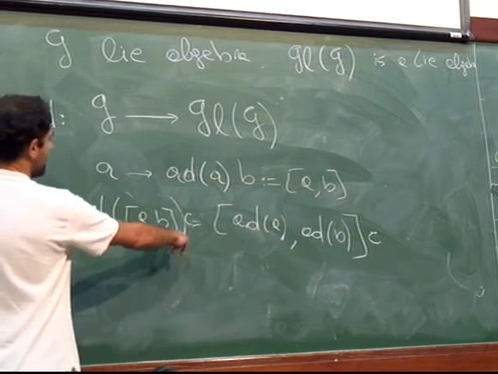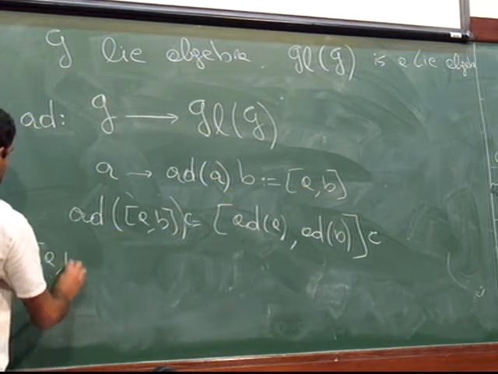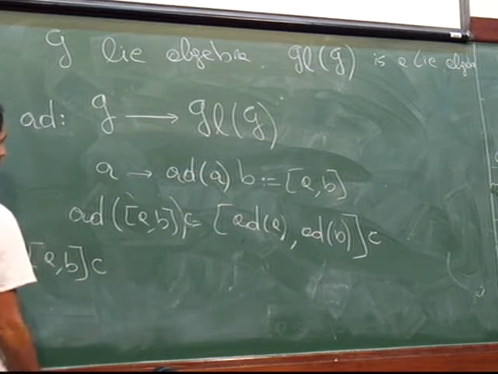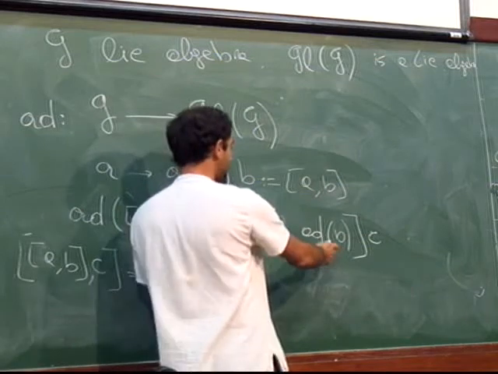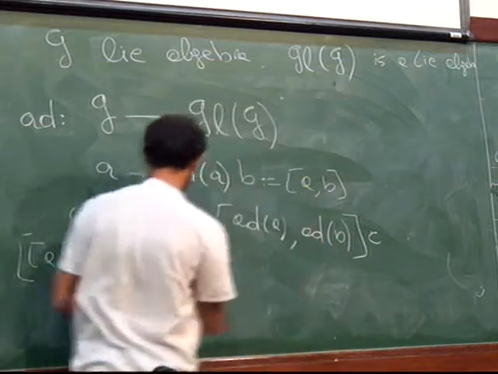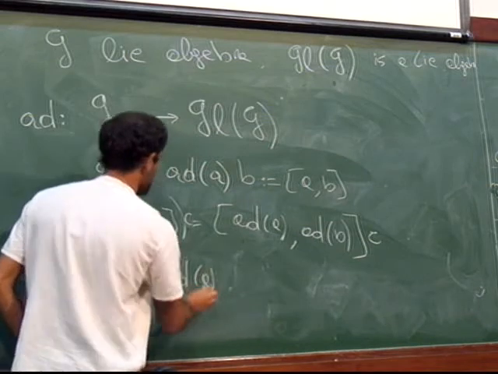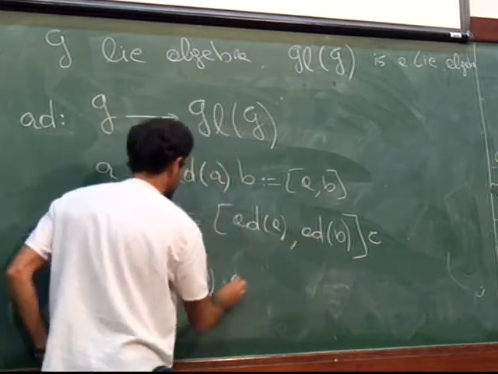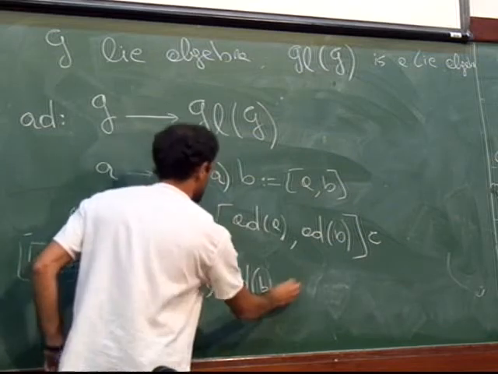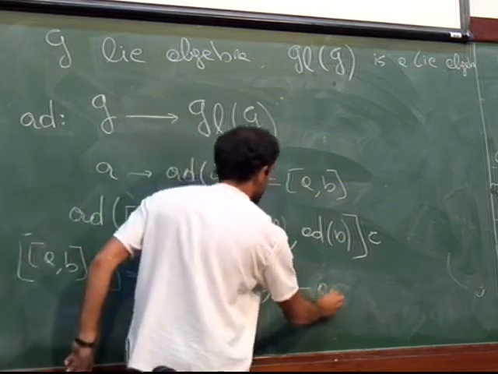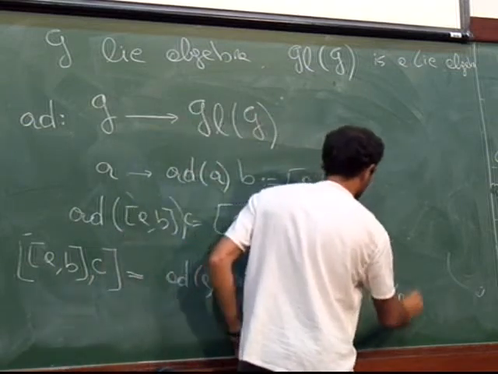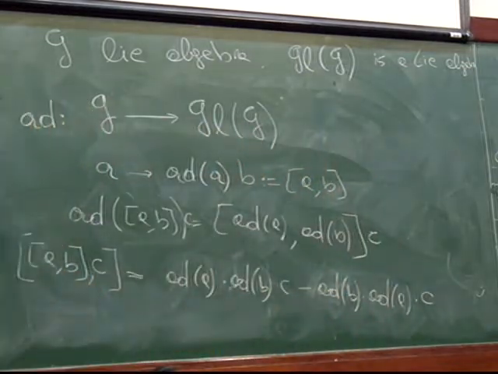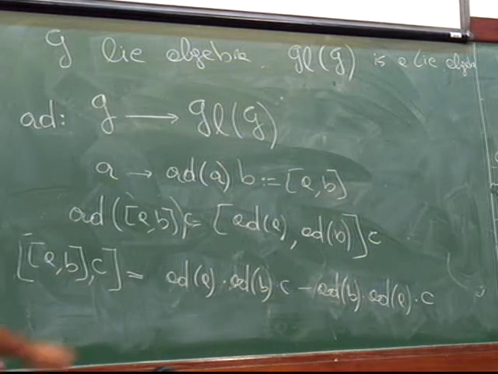Okay, but now, by definition, this is the bracket of A, B bracket and C. Now, where does this bracket come from? This is the bracket inside of GLG. So this is the adjoint of A composed with the adjoint of B acting on C, minus the adjoint of B composed with the adjoint of A acting on C. And now, let's just apply again the definition.